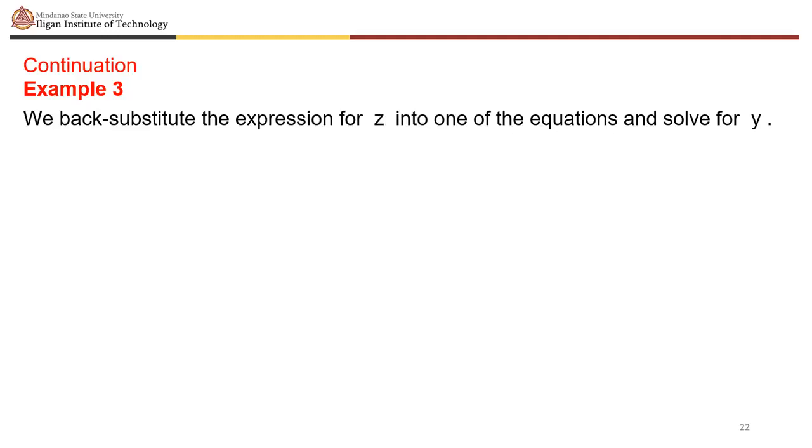So we back substitute the expression for z into one of the equations and then solve for y. We now have 2x plus y minus 3 times our value for z earlier, that is 3 over 2 x, equals 0.